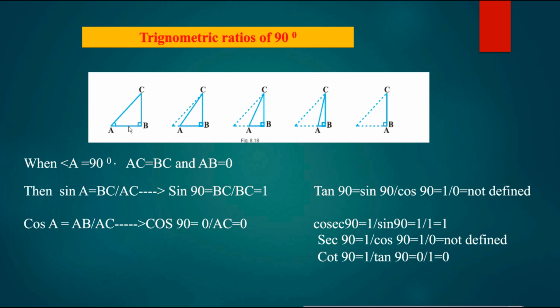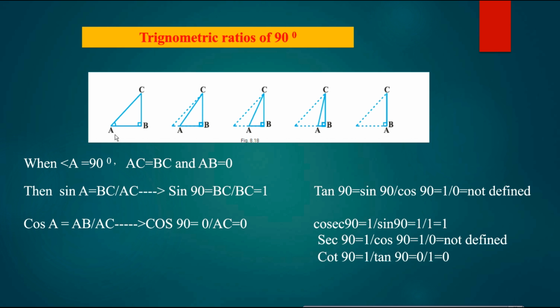To make this angle 90 degree, see, we should move A to B, that is BC becomes AC. AC equal to BC. AC and BC coincide.